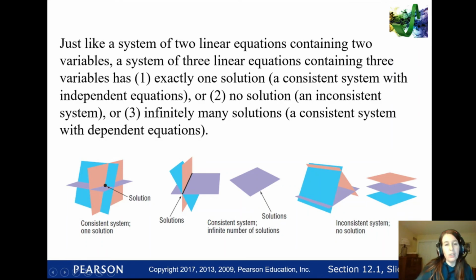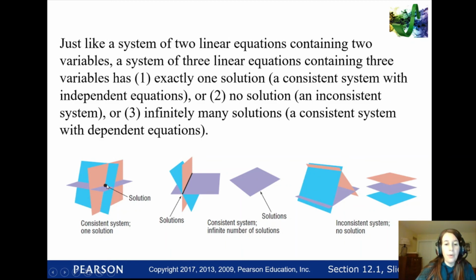This is what it looks like when you have 3 variables. So what that creates instead of a line is a plane. And so what we have is 3 planes, and they intersect in 1 point. That was the first problem we did, where we got x, y, and z to be numbers. That's called a consistent system, and it has 1 solution.